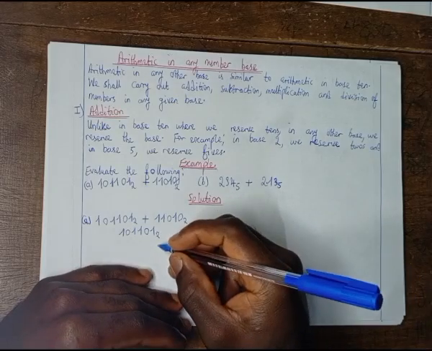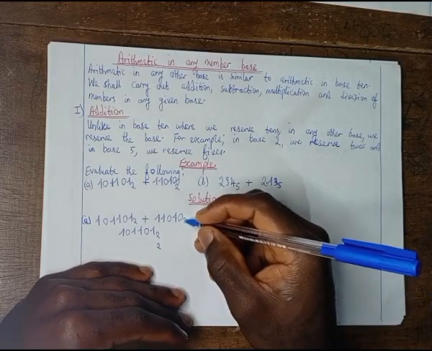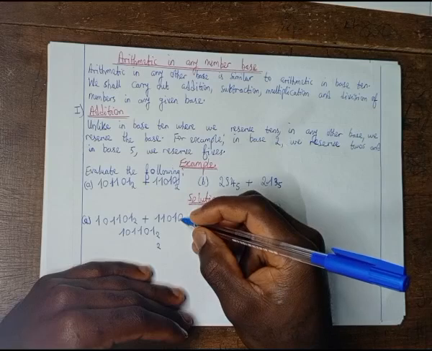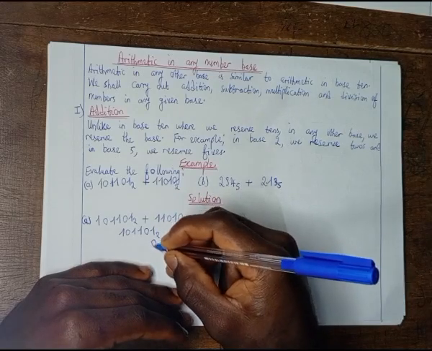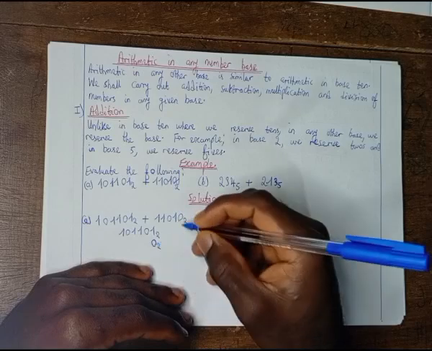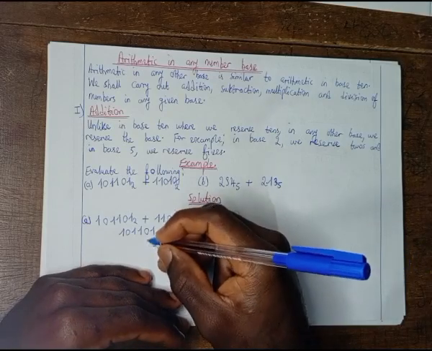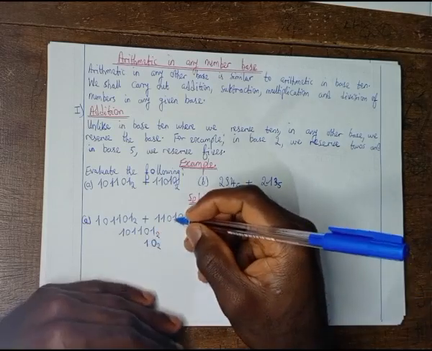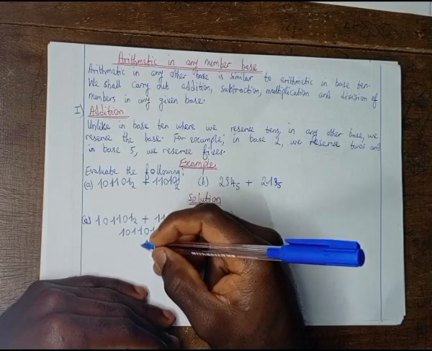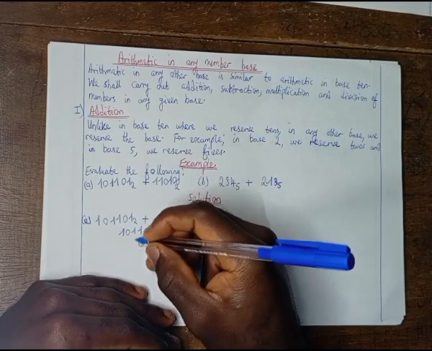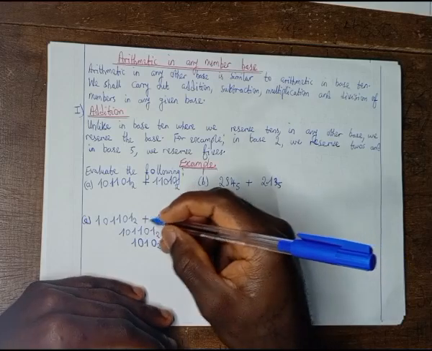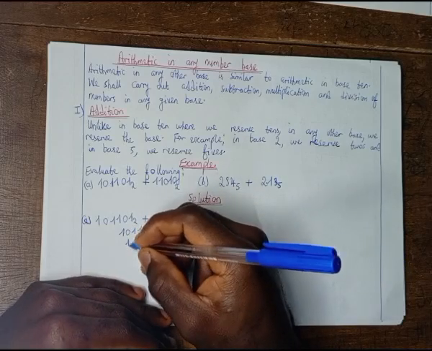So here we write the base 2, then we have the lowest place value, which is a 0. We are going to place the 0 under this one. The next one, we have the digit 1. We are going to place it under 0. Next, we have this 0. We are going to place it under the digit 1. Next, we are going to place 1 under 1. And lastly, we are going to place 1 under this 0.